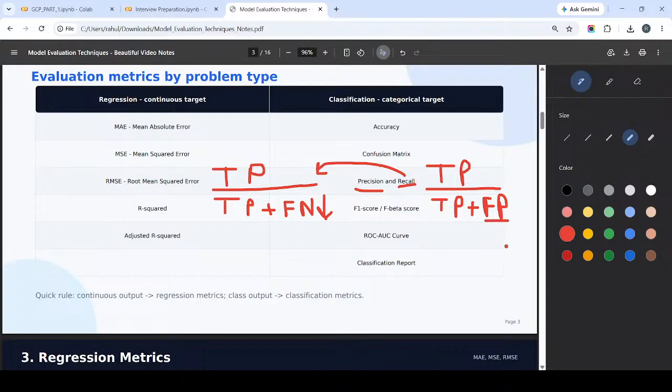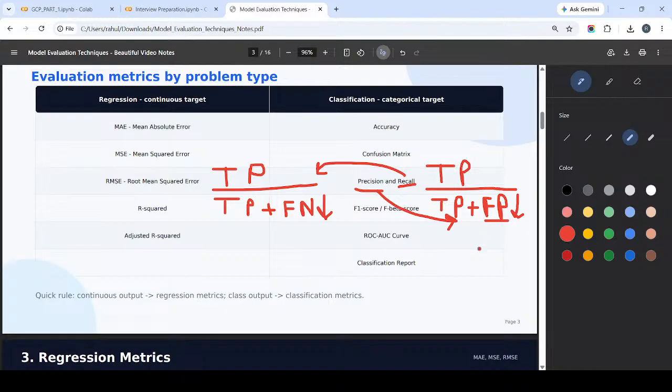So if we want to minimize false negatives, we maximize recall, and if we want to minimize false positives, we maximize precision. What is the scenario for false positive? Like we have some laptops and want to distribute them to students who need them.